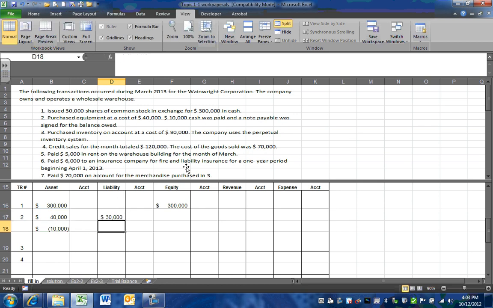The difference between the invoice price of the equipment and the cash we paid is a note we're going to sign for $30,000. So in this transaction, three things are going on. We have equipment, we have cash, and we have a debt. But our entry will balance because assets go up by $40,000, reduced by 10, a net amount of 30, and our liabilities will increase by 30. So on the asset side, we have an increase of 30, and on the liability equity side, we have an increase of 30.